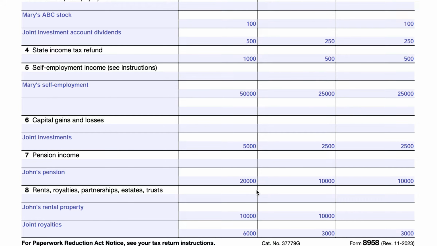Rents, royalties, partnerships, estates, and trusts. My suspicion is that the reason this is all lumped into one line is because it all flows through to Schedule E, which is the supplemental income form.